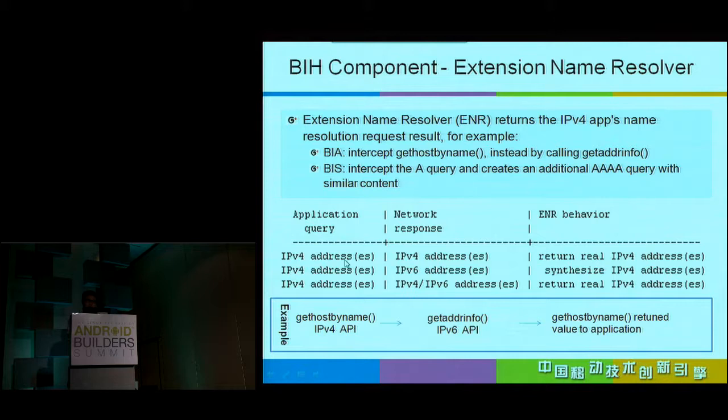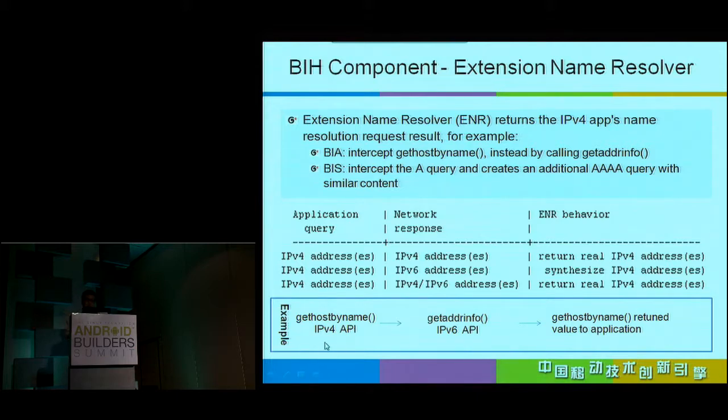When the application queries gethostbyname with the IPv4 API, the extension name resolver will translate it to the getaddrinfo IPv6 API. The getaddrinfo API in IPv6 will do the name resolution and reply with both IPv4 and IPv6 addresses.